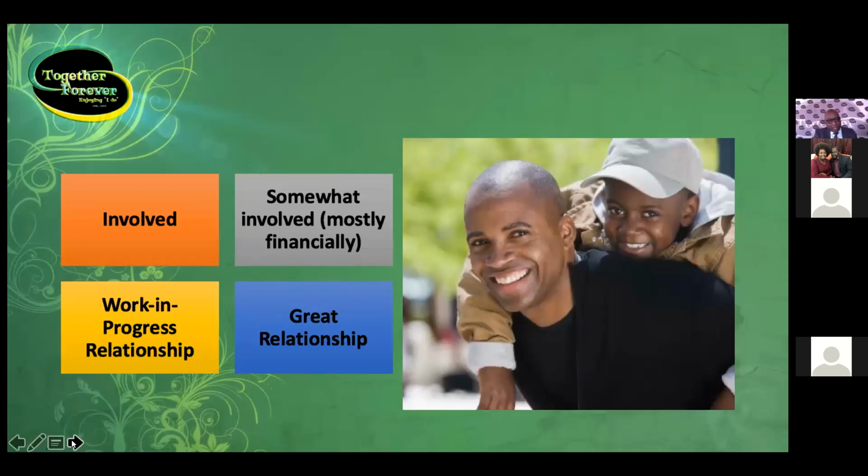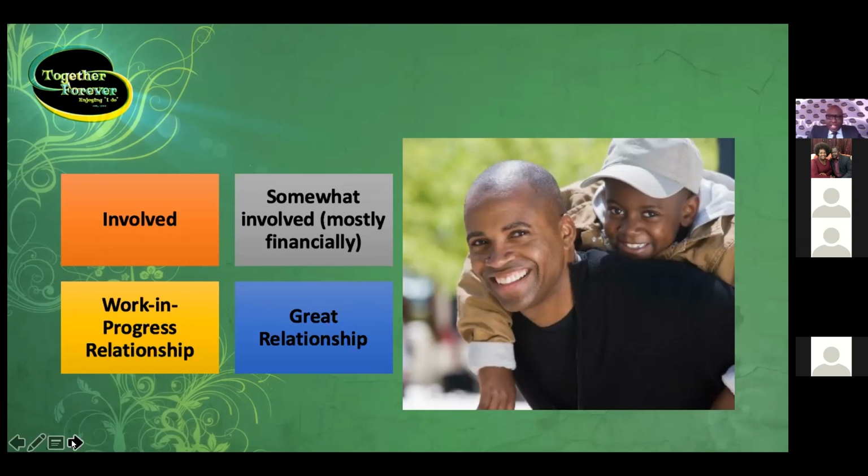But sometimes you find that they are not involved as non-resident biological fathers in the day-to-day life of the child, but you find that the father is involved with issues of finance. In other words, they're financing schools and so on and so forth. So somewhat involvement. Sometimes it could be on a holiday, it could be in a particular weekend.